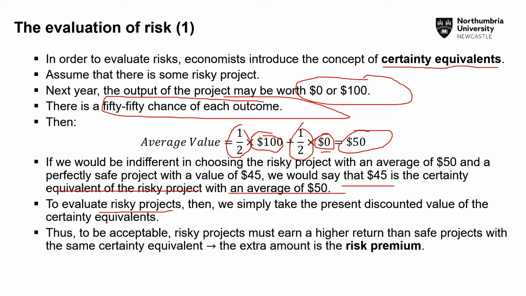So why would a safe project have a lower return as opposed to a more risky project? And the reason is that we would have a risk premium that we would need to include in the discount rate. So this risk premium would compensate us for undertaking a project that is risky.